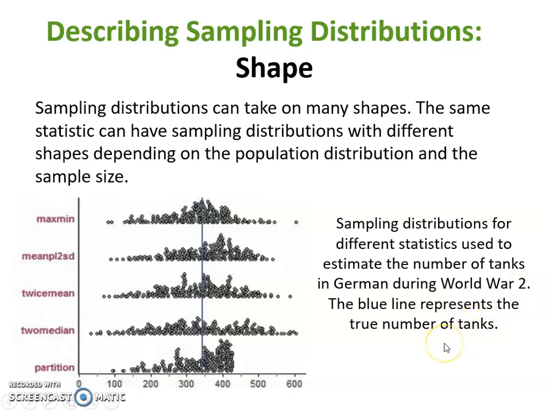The blue line represents the true number of tanks. You can see here on the side, it's kind of hard to understand, but it's telling you where the data came from. So like if we doubled the mean, or if we had the max versus the min.